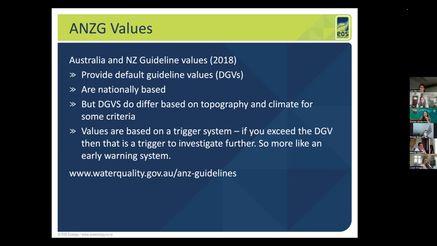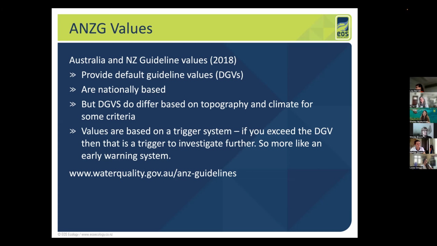The values presented under the Australia and New Zealand guidelines are going to be lower than the NOF bands, because this is more of an early warning system that things are starting to move off what you would expect them to be, versus the NOF bands, where we don't actually want to reach the D band. Actually, we don't even want to reach the B band. We want to stay in the A band. So very different use and approach for those two values.